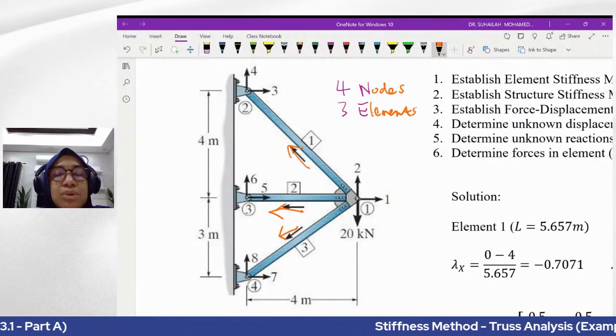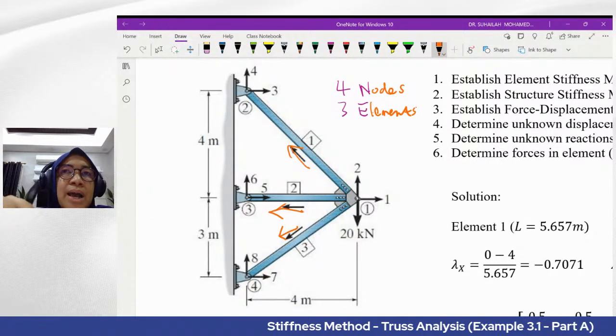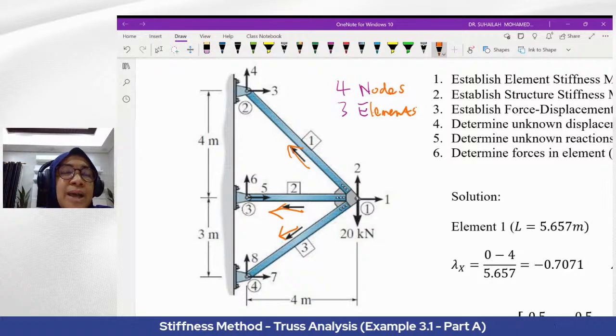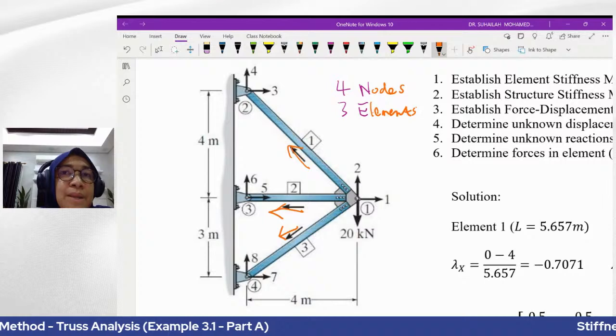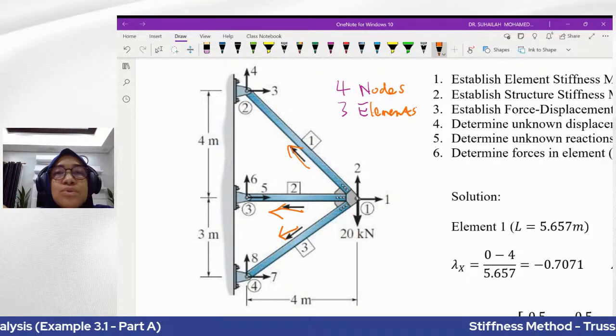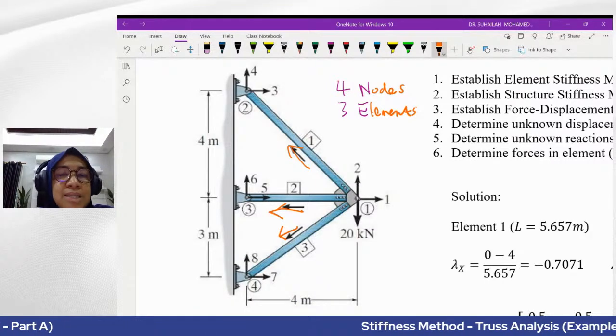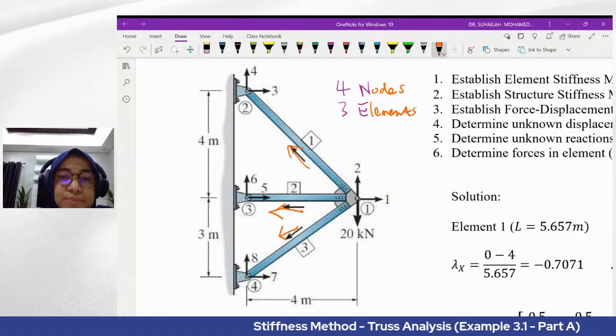Arrow is very important, because from the near end node and far end node, we can calculate lambda x, lambda y, or we also call them cx and cy.